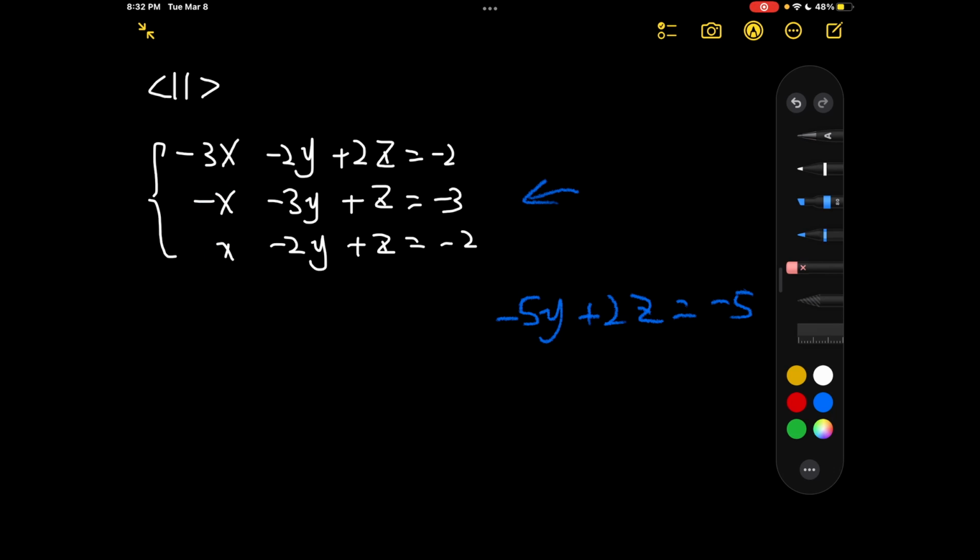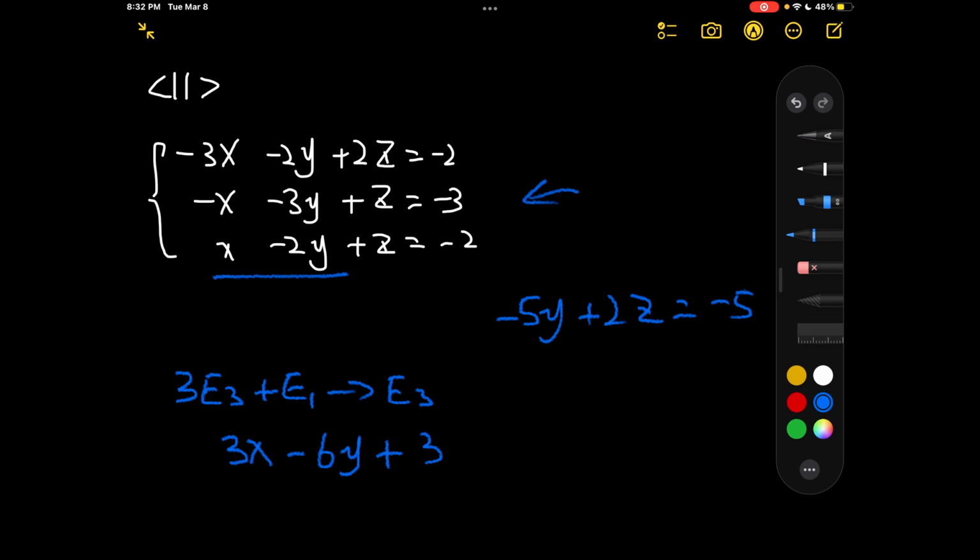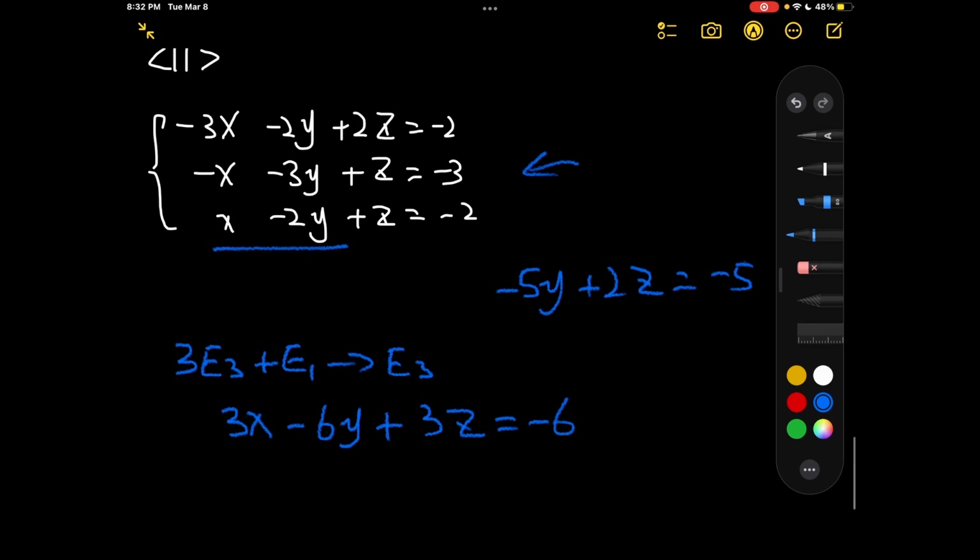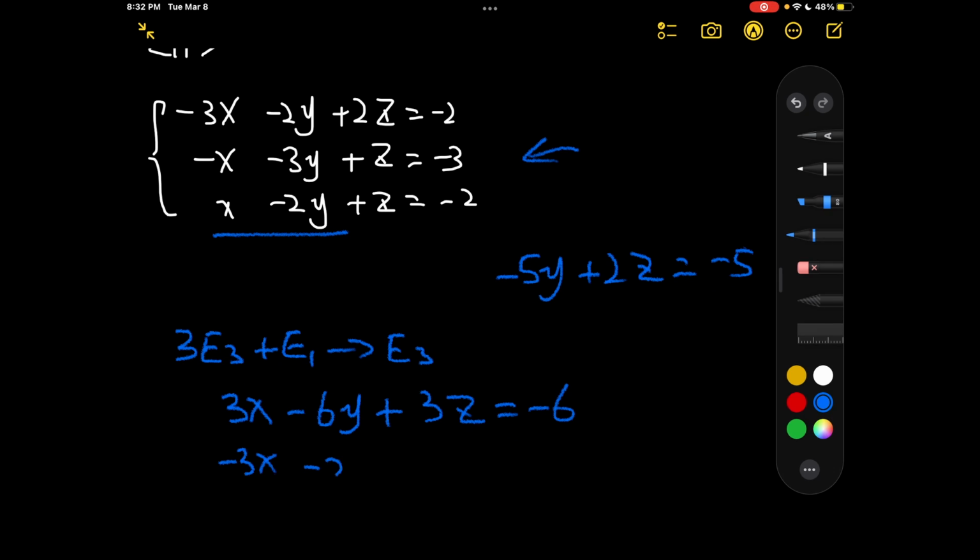Now we try to eliminate x for equation 3. So 3 times equation 3 plus equation 1, which eliminates x. 3 equation 3 is 3x minus 6y plus 3z equals -6. Equation 1 is -3x minus 2y plus 2z equals -2. Oh, I did it wrong, equation 1 is not -6 here, this is -2.